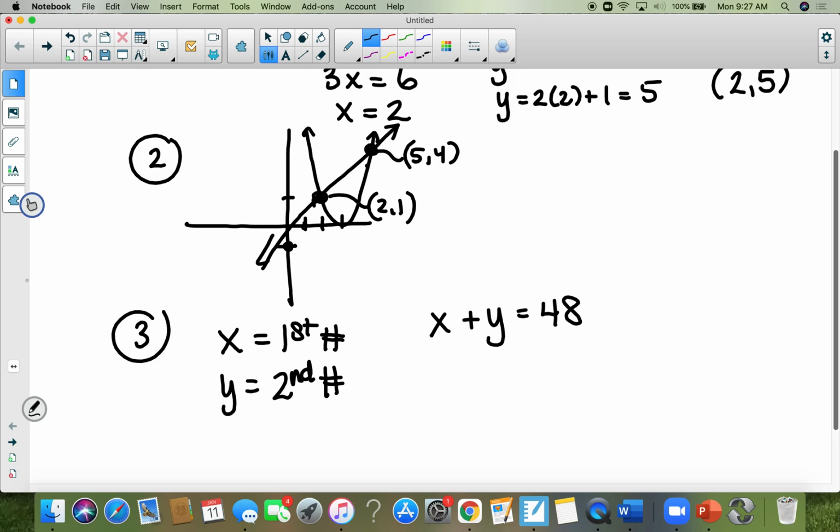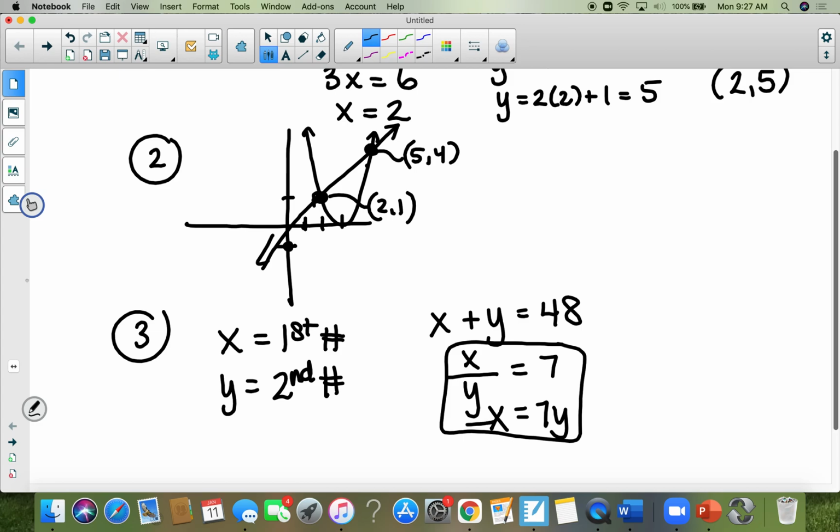And the quotient of these two numbers is 7. The quotient means to divide. We're still on the substitution, so 1, 2, and 3 have to be done by substitution or graphing. So I'm going to multiply by y. Doesn't x really equal 7y?